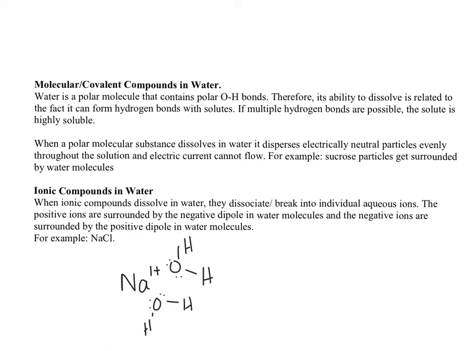Just imagine that that goes all the way around, and then the chloride, which is negative, will be surrounded by the slightly positive H's. Just pretend that that also goes all the way around. So that's basically what happens. Your ions get surrounded by water molecules.